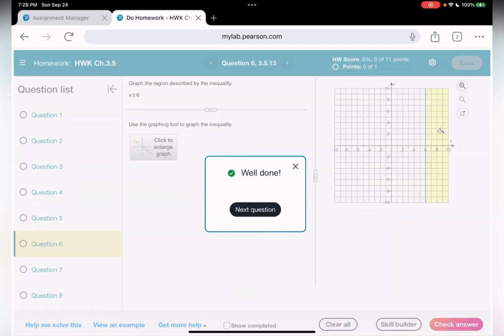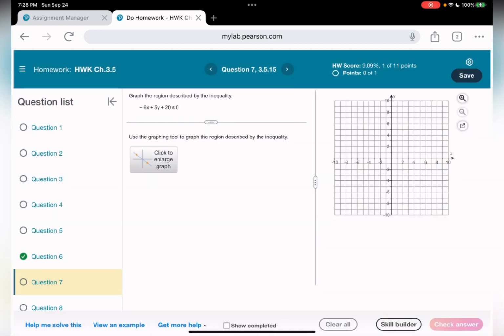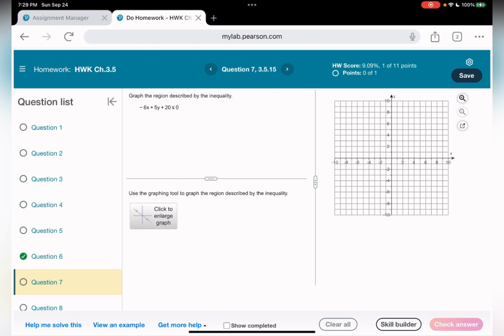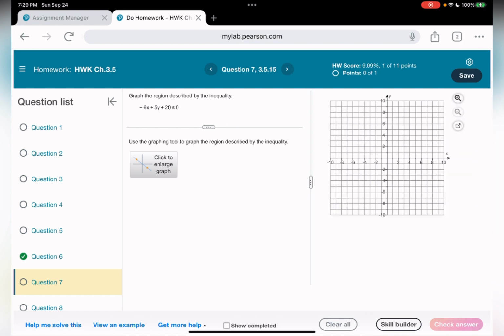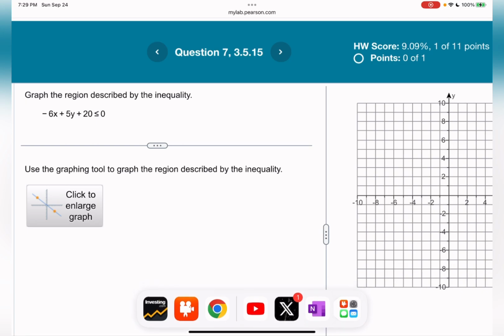And from here we are moving to number 7. Let's see. Let me take a picture. I have, you can write down also if you want, negative 6x plus 5y plus 20 is less equal 0.